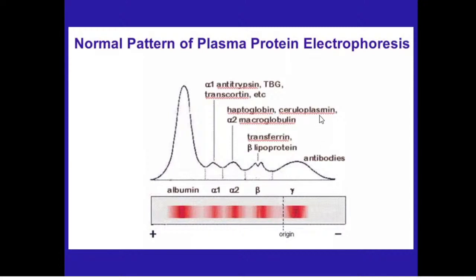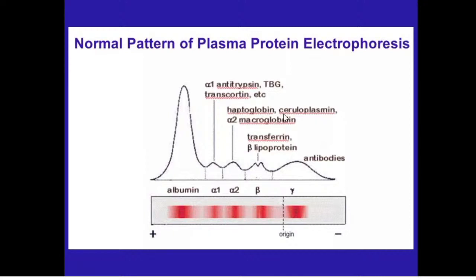And we know now that, for example, alpha 1 antitrypsin or transcortin, which is necessary to transport cortisol and other steroid hormones, or for example thyroxine binding globulins, they migrate with alpha 1 globulins.